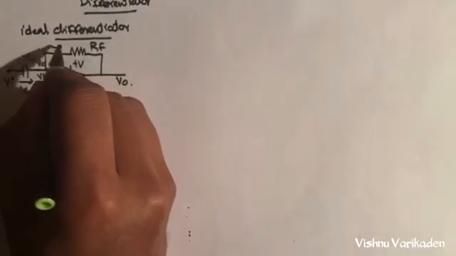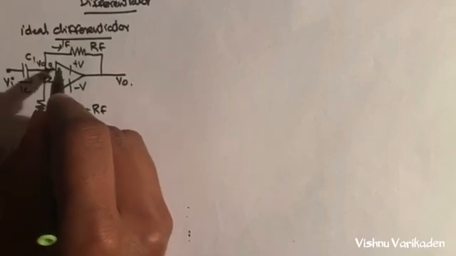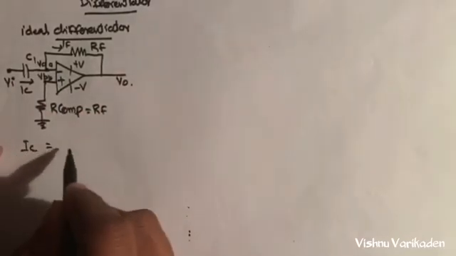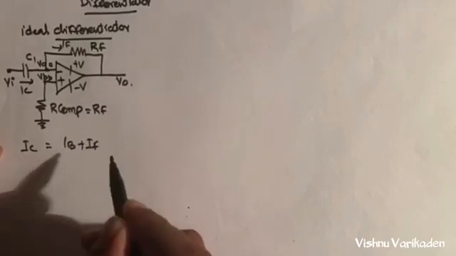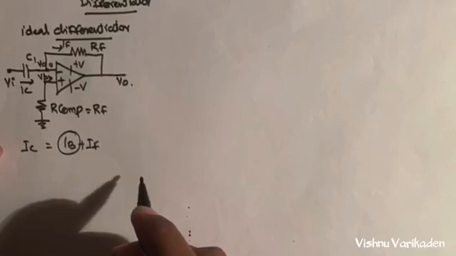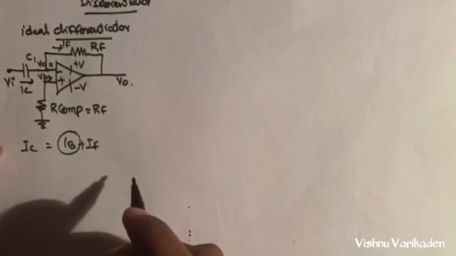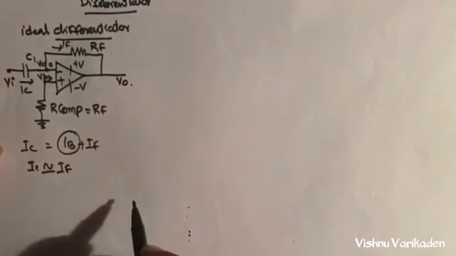We can write the current IF. Some of the current is going to the input stage, that is IB. So we can write IB plus IF. We already know that IB is a very small value because the op-amp has high input impedance. So we can write IC almost equal to IF.